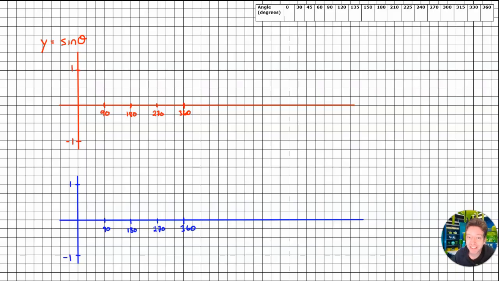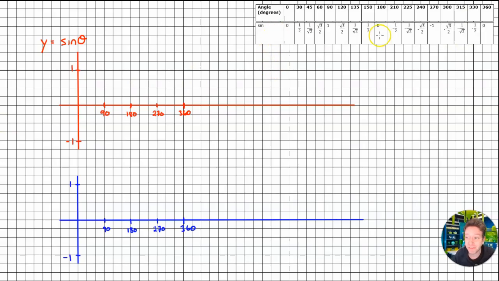So let's start with the sine function. If we were to take all of our angles from 0 to 360, and these are our special angles that we've learned about, and figure out what their values are for sine, we can then plot that on a graph going from between 1 and -1 from 0 to 360.